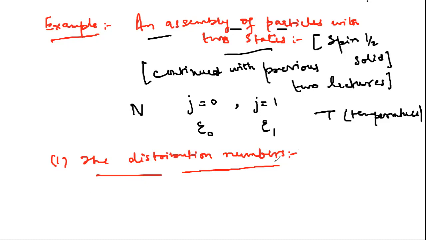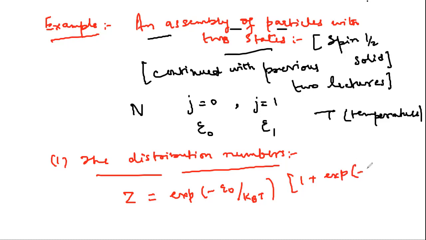For that, we first wrote the expression for the partition function as Z equal to exponential of minus epsilon naught over kBT times 1 plus exponential of minus epsilon over kBT.